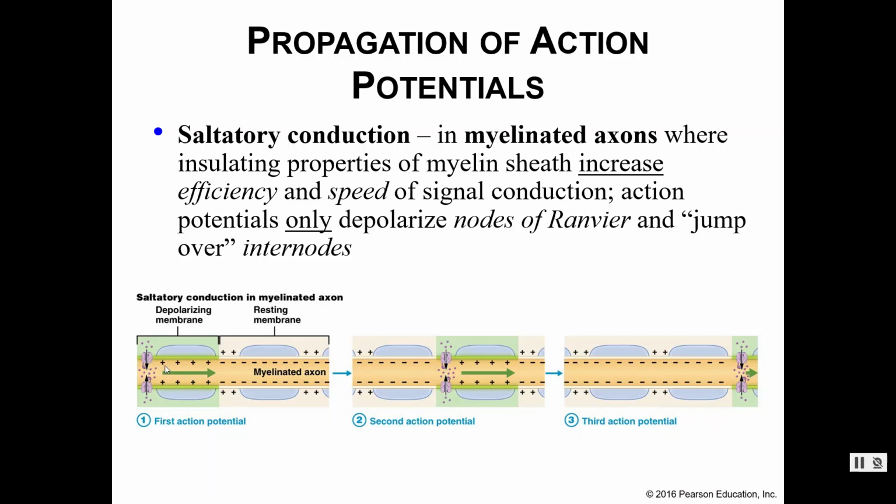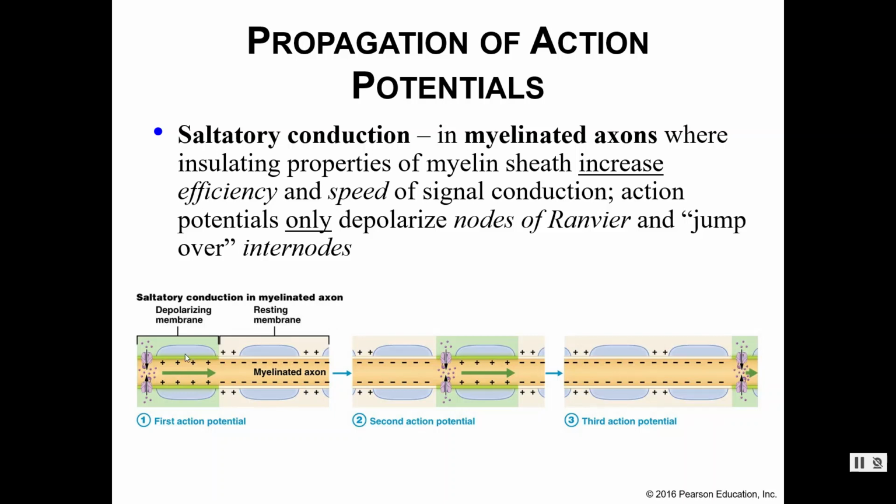We are going to send this action potential down the line. All of these little positives are going to become negatives. They're going to depolarize. You're going to make it all the way to the next node of Ranvier where you find your next voltage-gated sodium channel, which causes depolarization, and it spreads through the internode, and we do it for a third time.